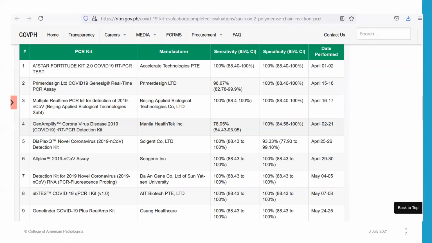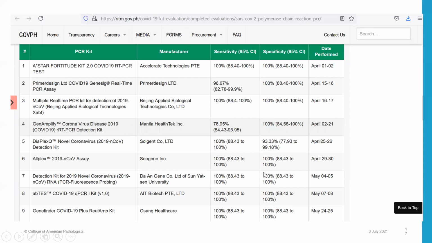And of course, during the early stages of the pandemic, what was so controversial then was the Manila Health Tech, or the UP Manila Gene Amplify kit, which actually delayed the Marikina rollout of the diagnostic testing because the initial result in terms of sensitivity was low. So it failed the standard set by WHO. So that's why they had to resubmit the kit or produce version 2.